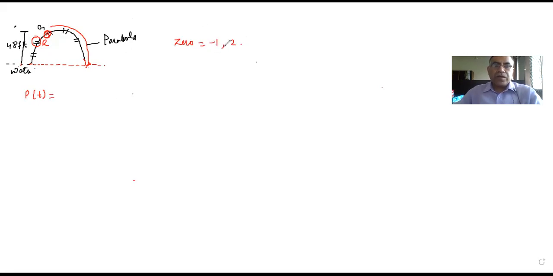If the zeros are -1 and 2, what should be the equation? k times (x minus of -1) and (x minus 2). These are the two zeros, because if a and b are the two zeros, my equation will be (x minus a) and (x minus b). When I multiply, I will get the quadratic equation.